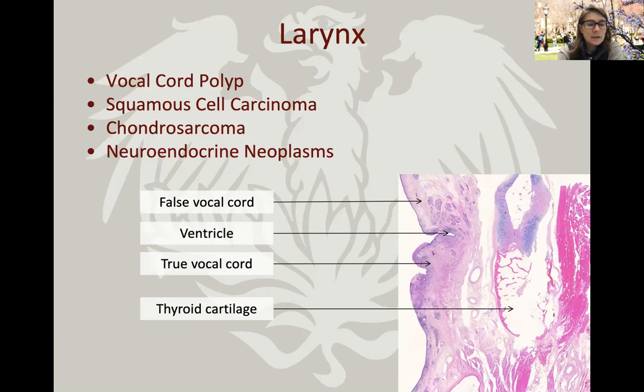In the last few minutes here, maybe we'll talk about the larynx. So we're moving down from the oral cavity into the larynx. There are a few both benign and malignant diseases that we will talk about.